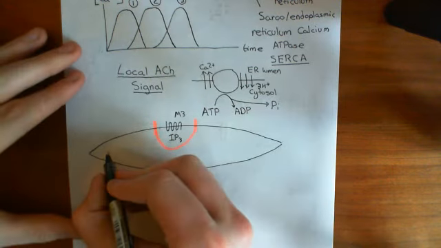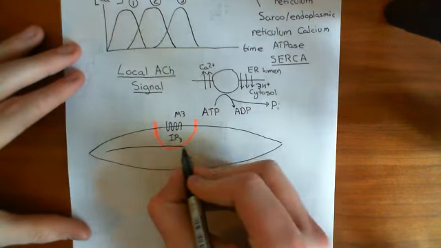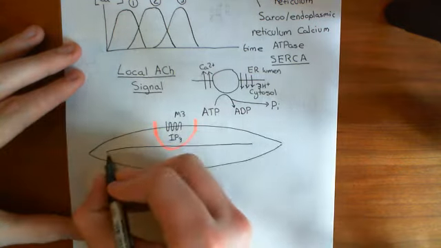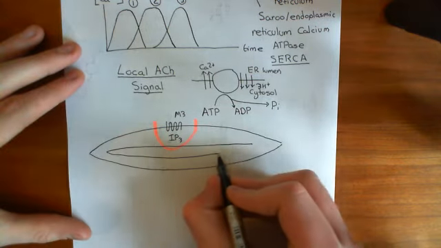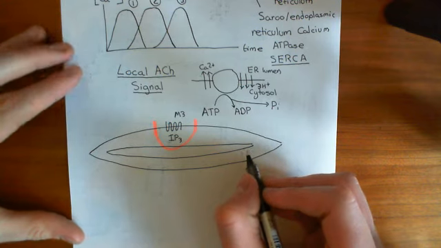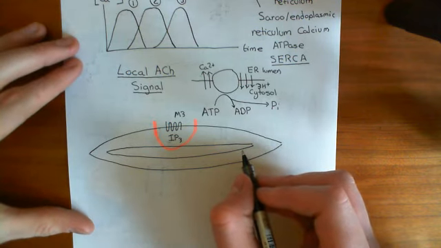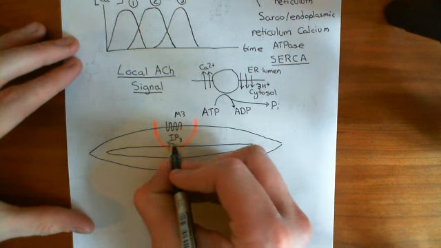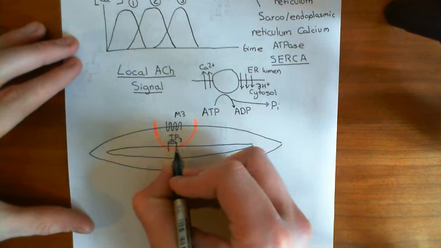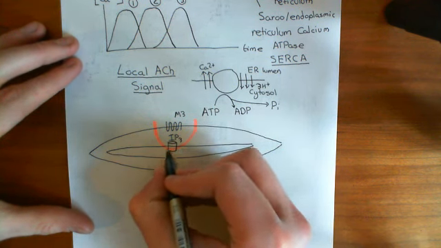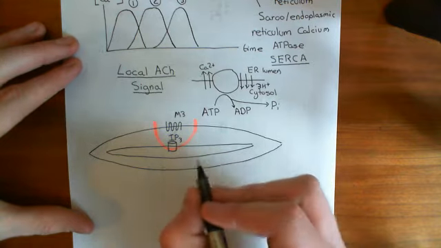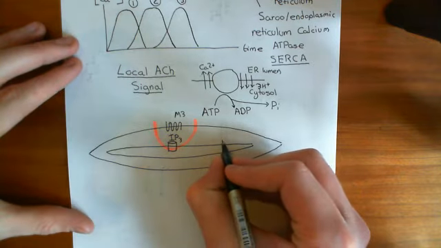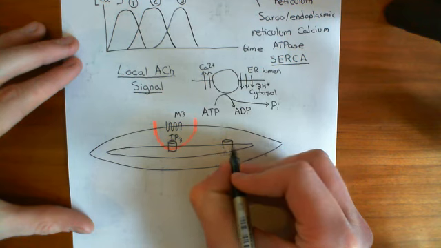Okay, now if I draw the sarcoplasmic reticulum again, here's the sarcoplasmic reticulum. This time, it means that not all of the IP3 receptors are going to get IP3 bound to them. Only those IP3 receptors in the vicinity of the rise in IP3, i.e. these IP3 receptors here, are going to get IP3 bound to them, whereas these ones over here, they're not going to have IP3 bound to them.